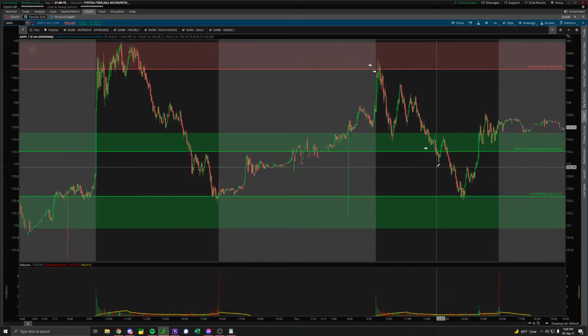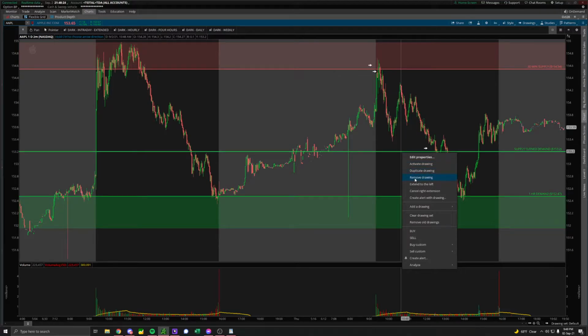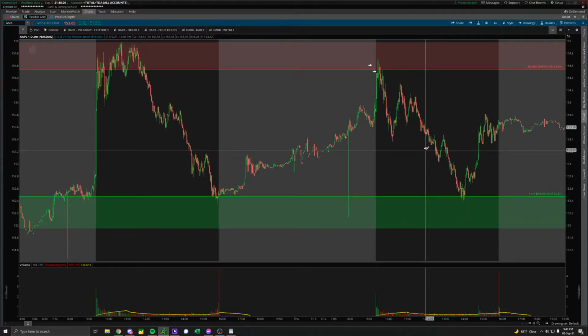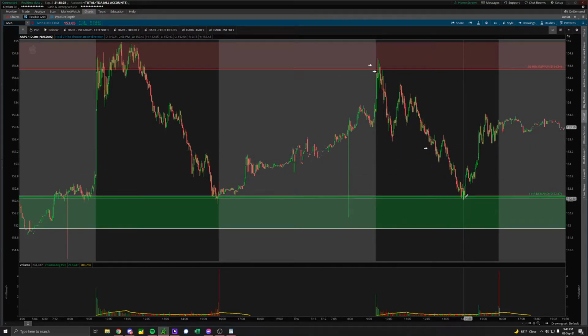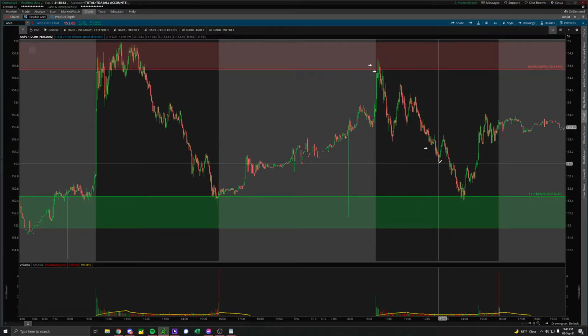And the reason why I thought that, so let's go ahead and remove this, the reason why I thought Apple was going to go down as low as this was because I'm already bearish on the day, and Apple failed to make a higher high. Do I really think it's going to stop right here and shoot up from here?